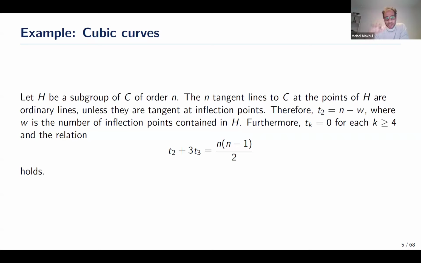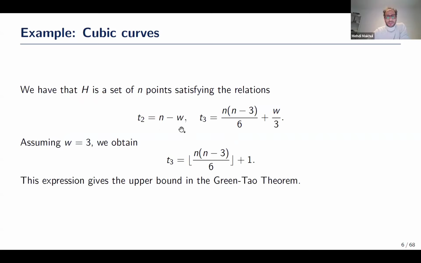And because H is a subgroup of order n, for any point on the subgroup which is not an inflection point, the tangent line at that point must give us an ordinary line. Therefore, if we denote by W the number of inflection points in H, the number of ordinary lines is counted by this formula and the number of tree-rich lines comes from this formula.